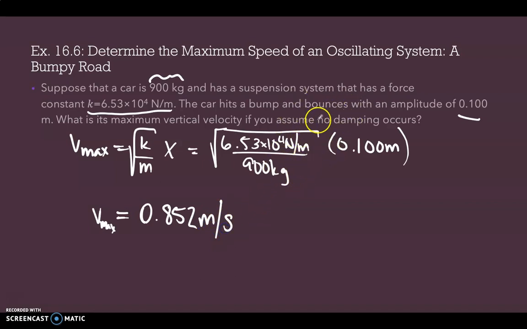Now remember that we can always check to make sure that our units are correct, which is always a good idea. So here I'm going to go ahead and write this out.